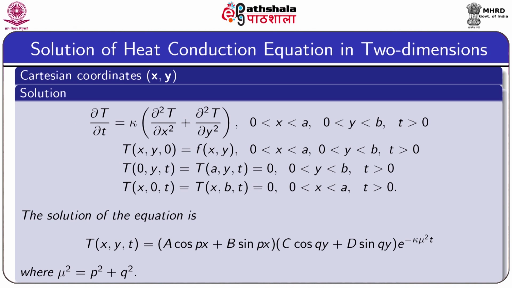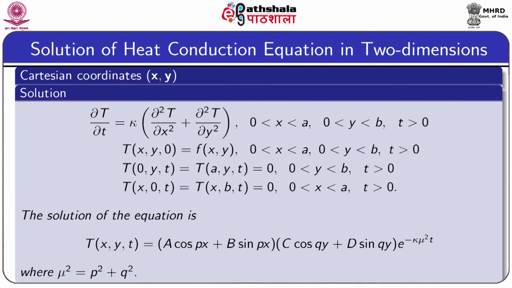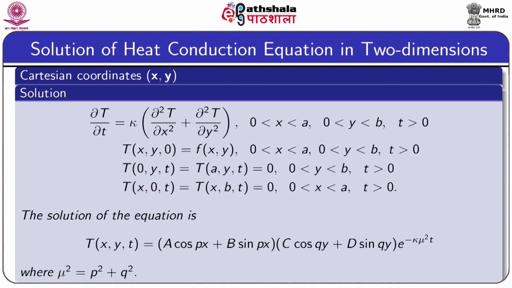Now we are trying to find the solution of the above physical problem. So the temperature is given by the diffusion equation which is written in the first equation. Now we have to solve this equation together with the supplied initial and boundary conditions. The boundary conditions are given as capital T 0 y t equals capital T a y t equals 0 for 0 less than y less than b and t greater than 0, and capital T x 0 t equals capital T x b t equals 0 for 0 less than x less than a and for all t greater than 0.